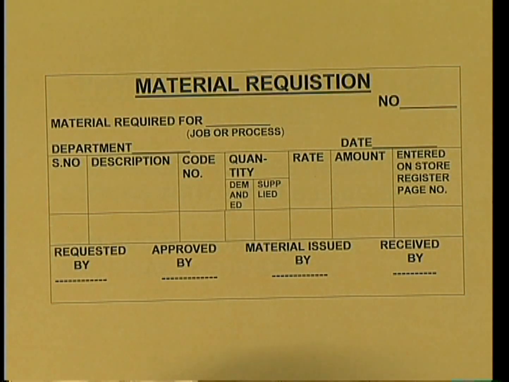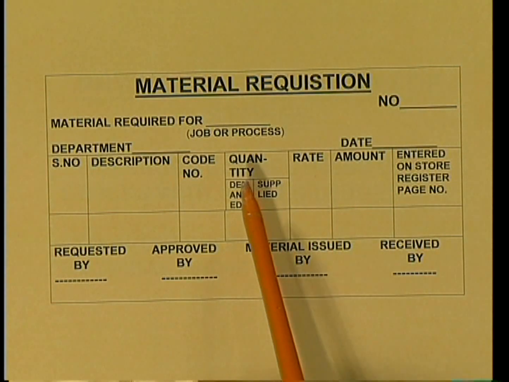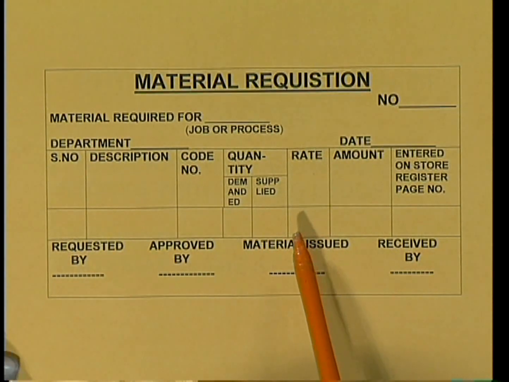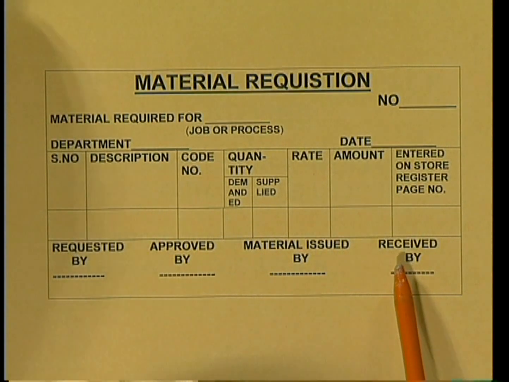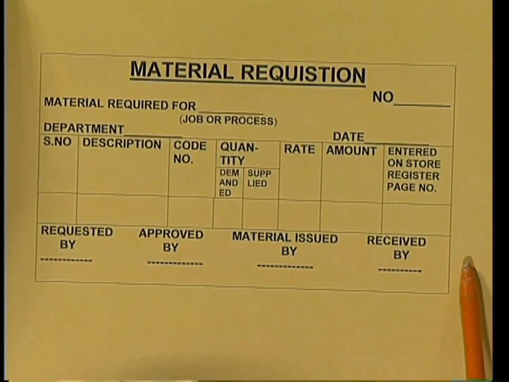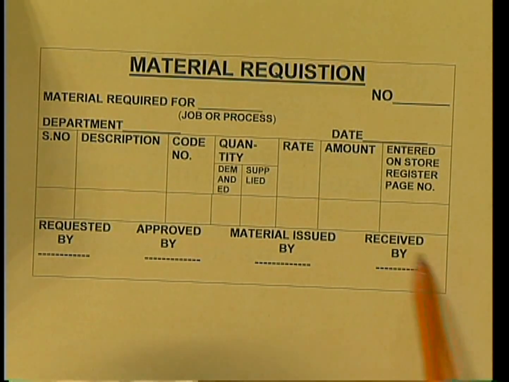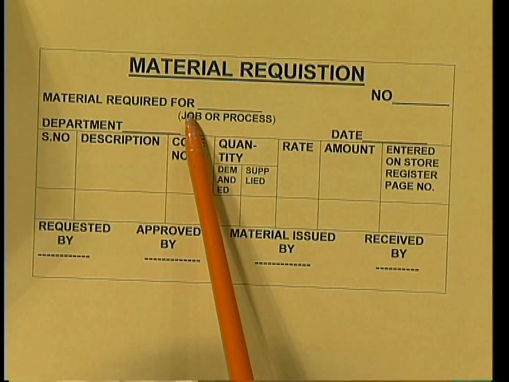For that we have to go for the material requisition form, which some people call an indent. Now this material requisition form is here, and that form can be seen here. Which department needs it, that they will see here.